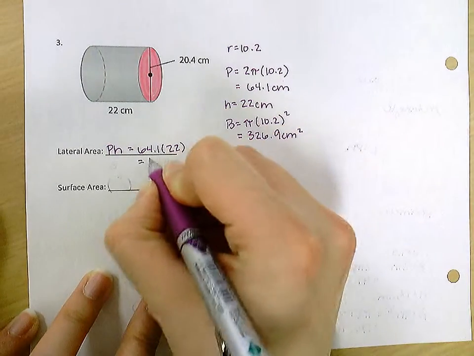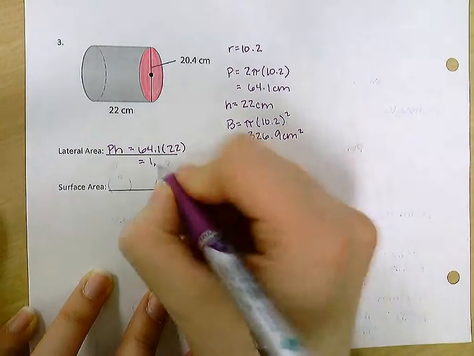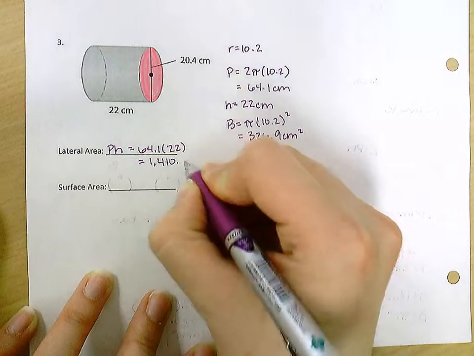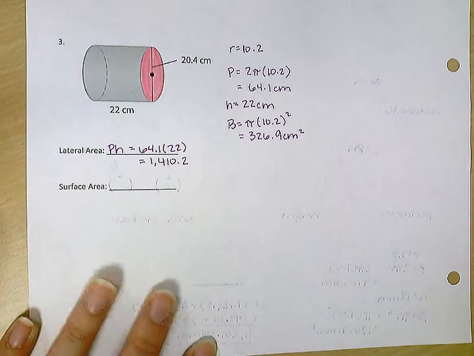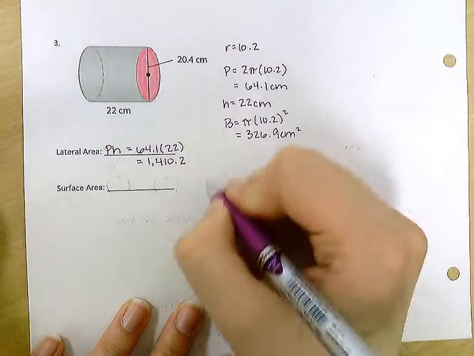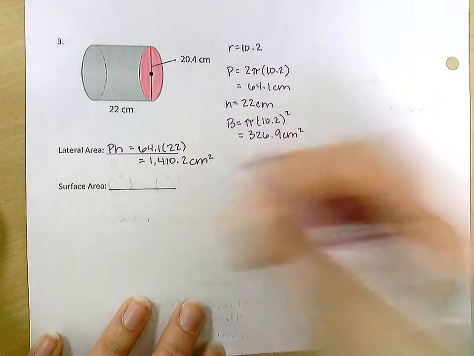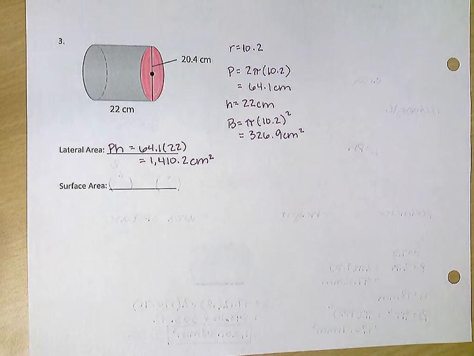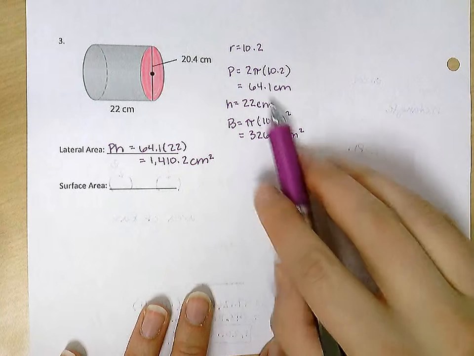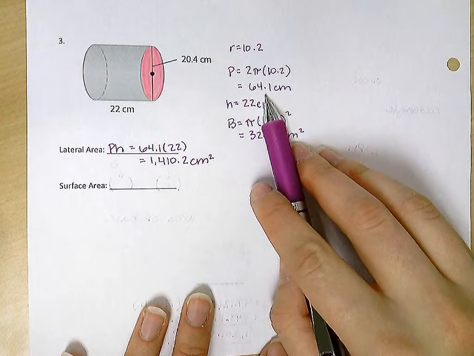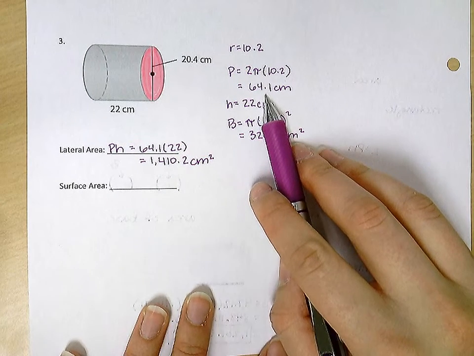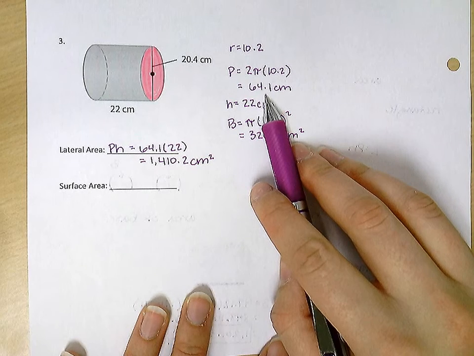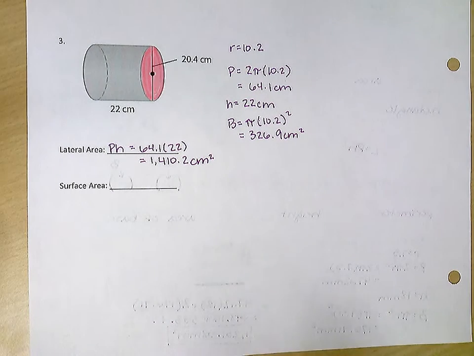And you should get 1,400. I did 10.2 because I rounded. I got 1,410. What was your base or your perimeter? I did 64.1.